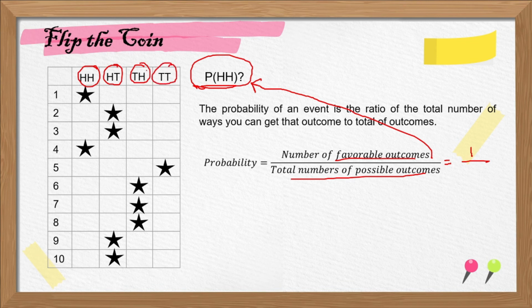So, there are 4 total numbers of possible outcomes. So, we will write 4 in the denominator. So, therefore, our answer is 1/4. So, 1/4 is the probability that we get heads, heads by flipping the two coins together.